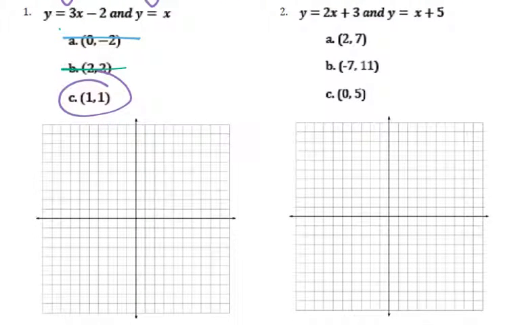and notice those points. So the first equation, slope-intercept form, negative 2 for y-intercept, slope 3, make it a fraction, 3 over 1, so I go up 3 to the right 1. And that's the pattern we keep taking, up 3 to the right 1. Or I can go backwards, down 3 to the left 1.